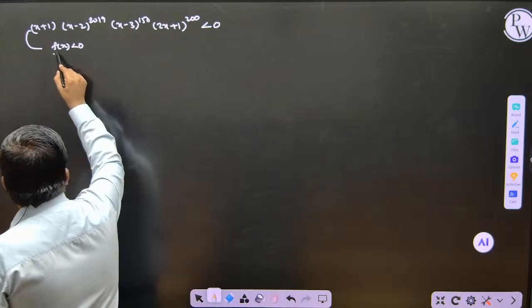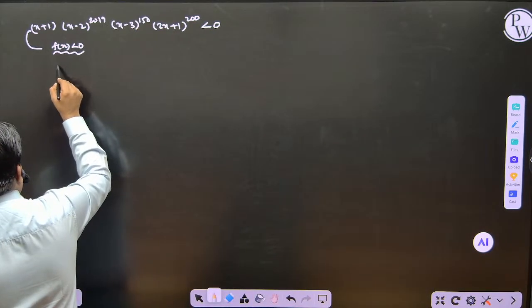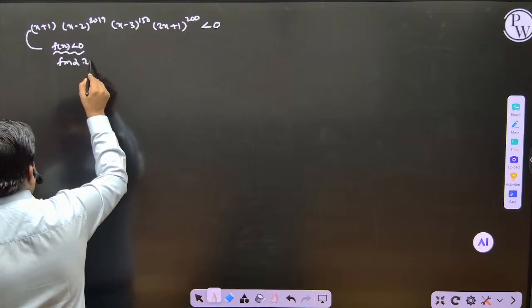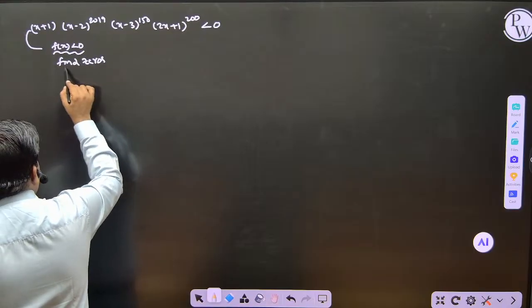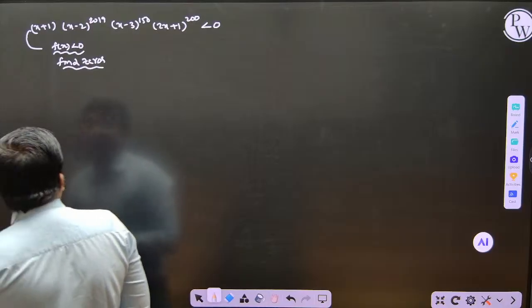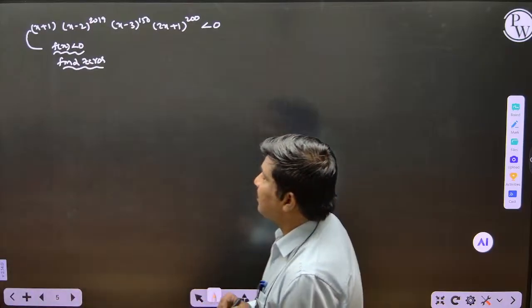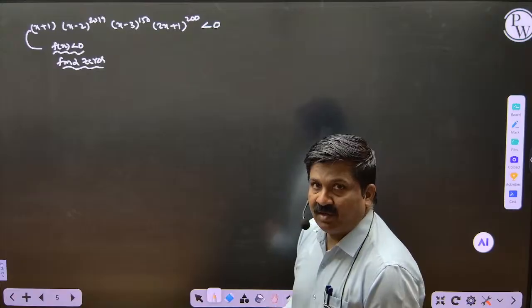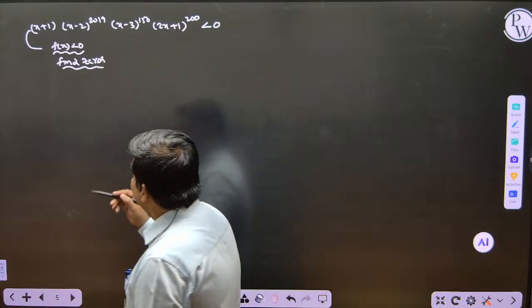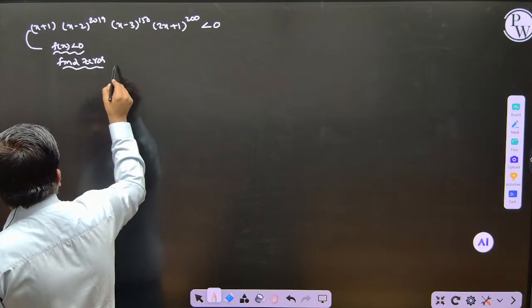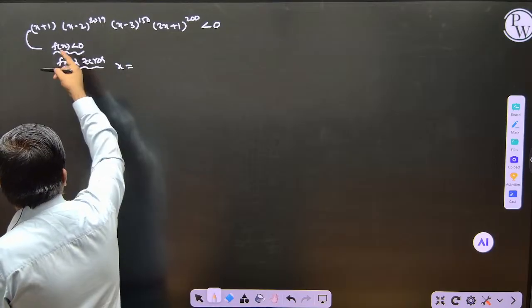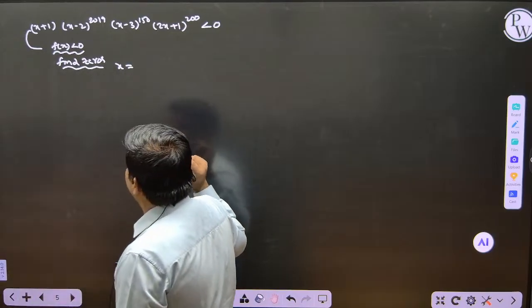Here, first you find the zeros, or not. Why? Here only we can find a zero. Finding poles is not possible since it is not a rational function. Zeros means what are the zeros? x is equal to, every factor equal to 0.